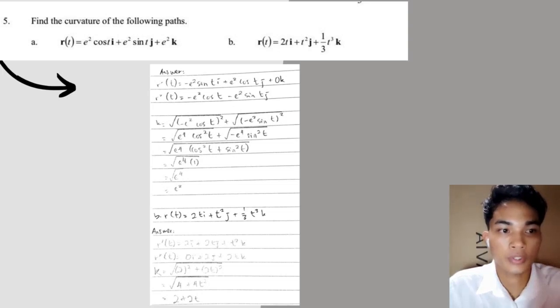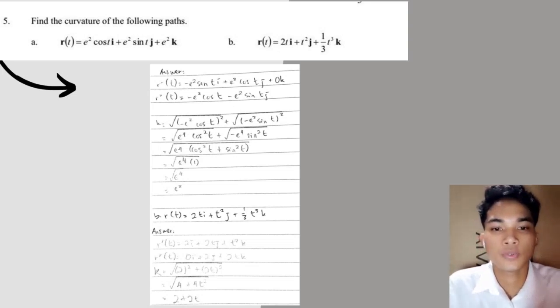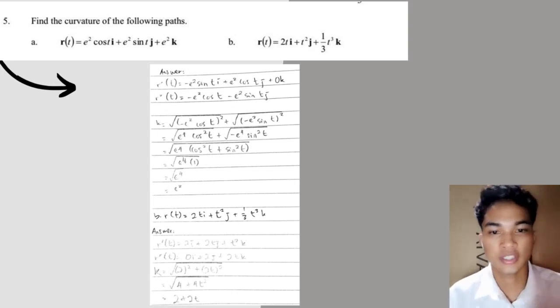After the calculation, it becomes square root of 4 plus 4t², and then we calculate it again. We will get the final answer, which is 2 plus 2t.